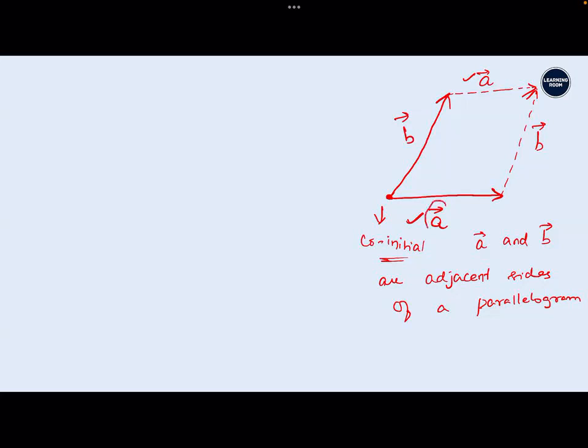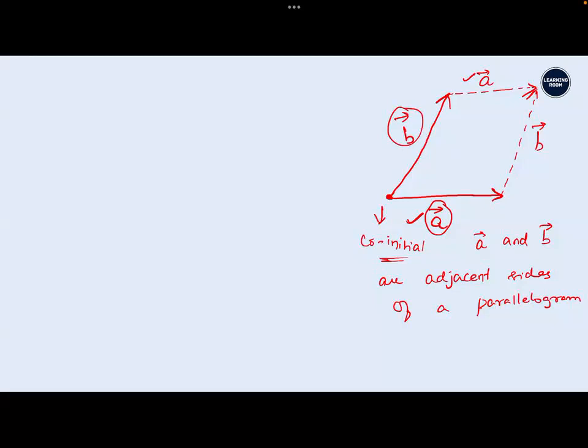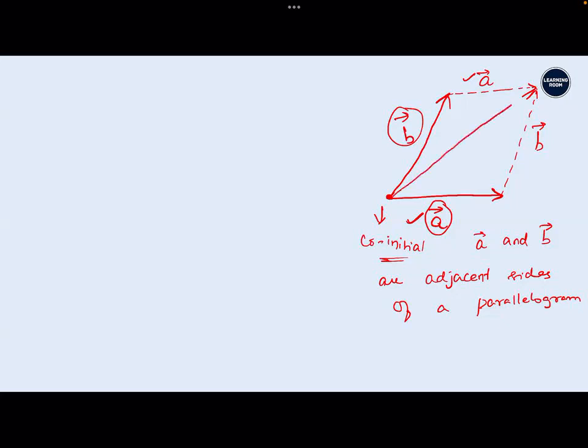We have only two, but with the help of those two vectors, we are able to construct and form the remaining two sides by using the concept of equal vectors, so that you are able to complete a parallelogram, and the common diagonal that is drawn from the starting point of these two vectors will give you the resultant, which is R vector.